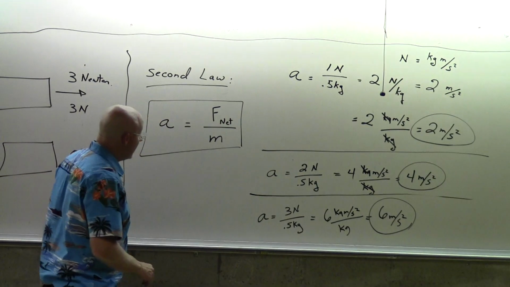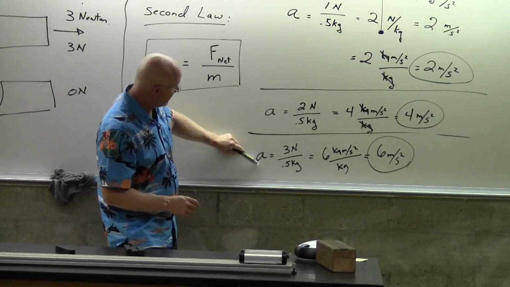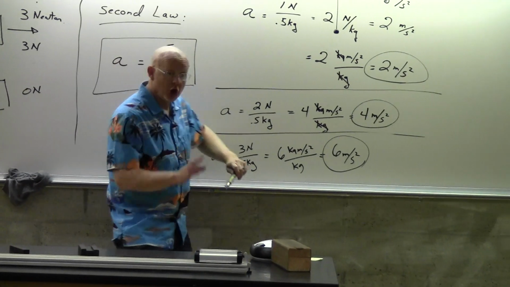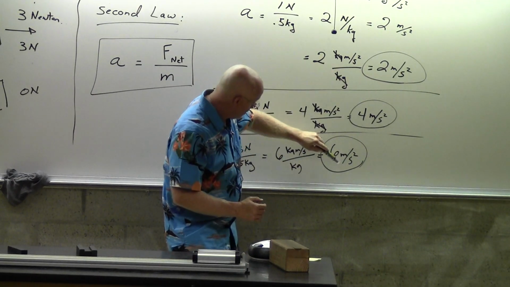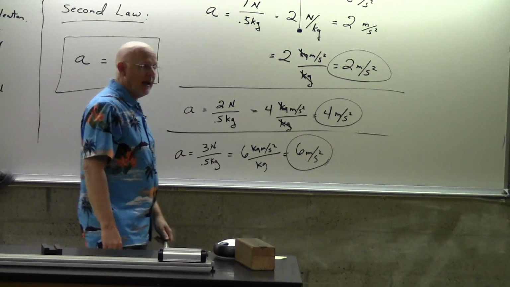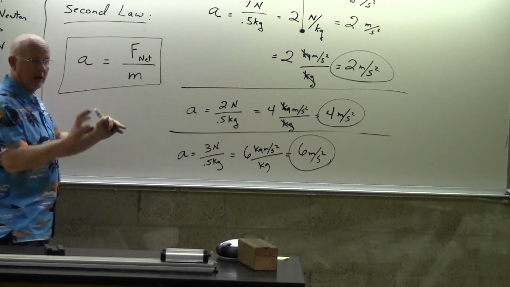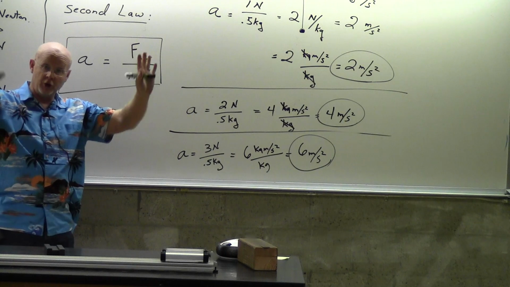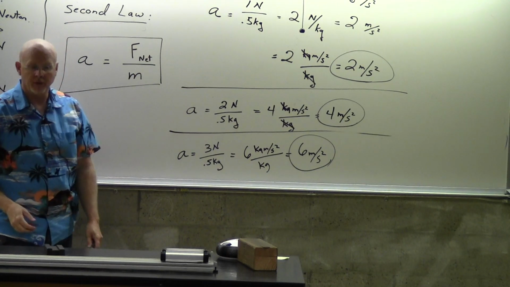Or this, if I tripled the force, okay, so from here 1 Newton to here 3 Newtons, tripling the force, I would triple the acceleration. So from 2 to 6. And so in math terms, we like to say if you have two quantities on opposite sides and they're both in the numerator, we call them directly proportional. You double one, you double the other.